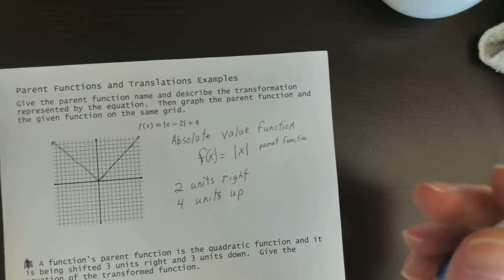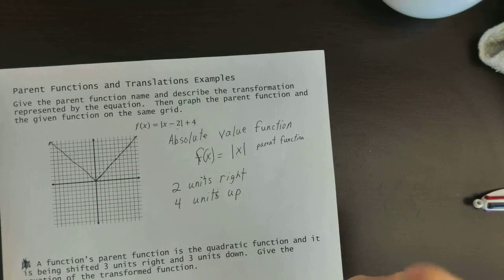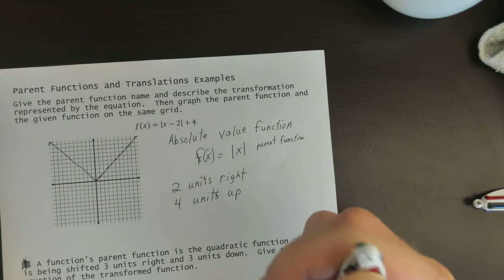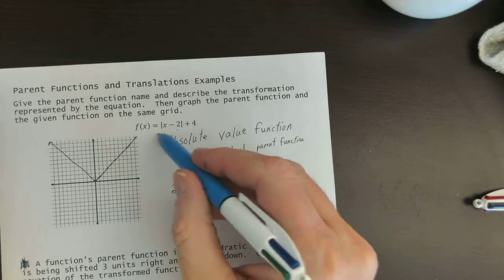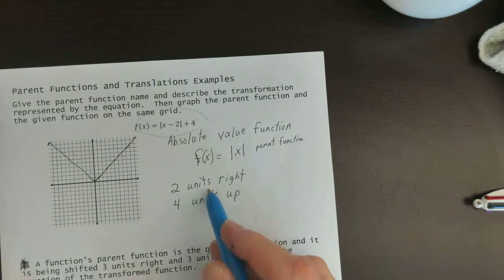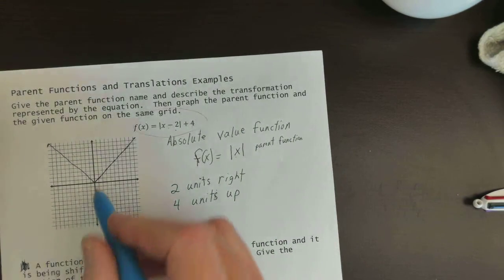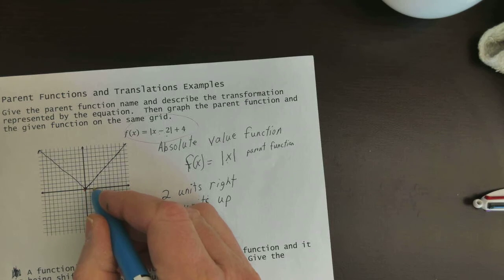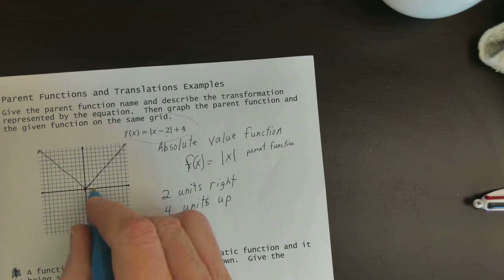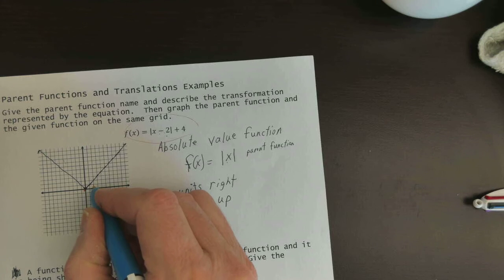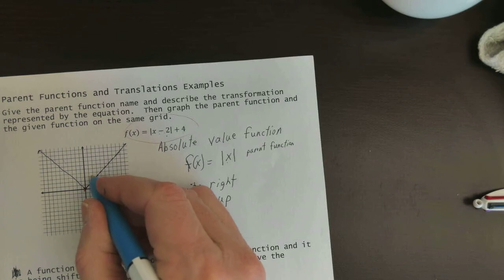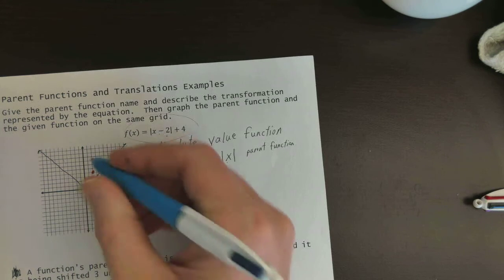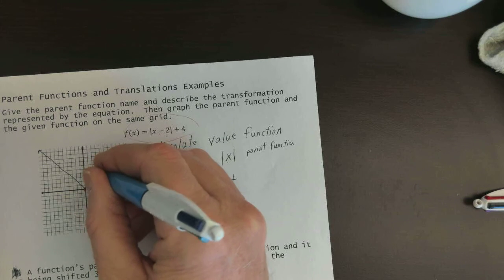Now I'm going to change colors. I'm going to get fancy on you here. And graph this one when we shift this 2 units right and 4 units up. So if I'm going to shift from the origin 2 units right and 4 units up, 1, 2, 3, 4, right here, and just graph it.